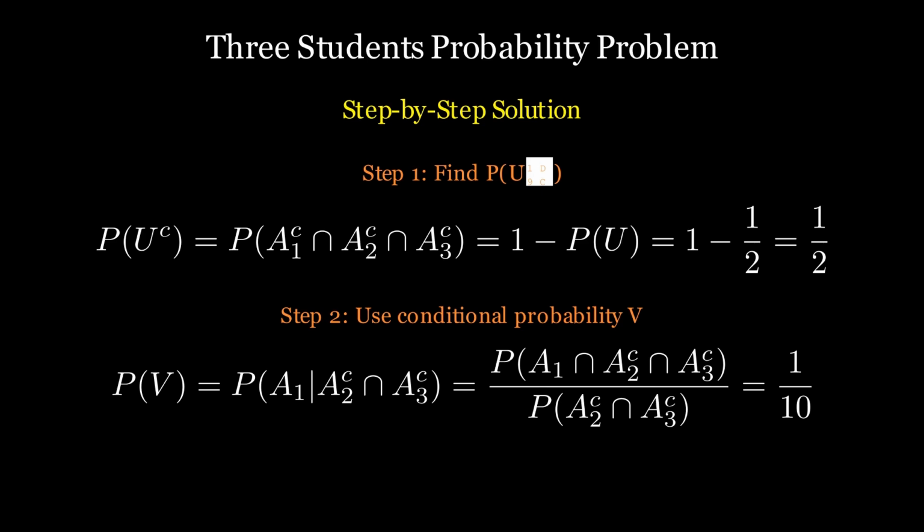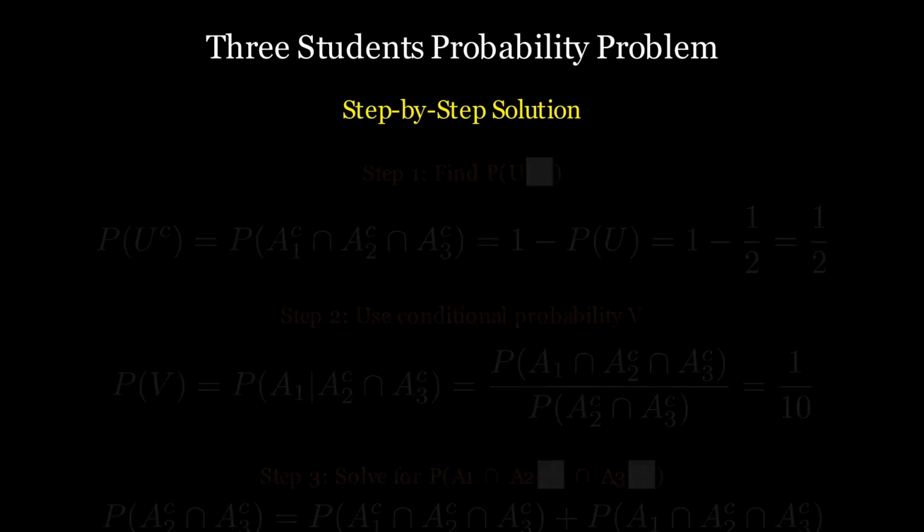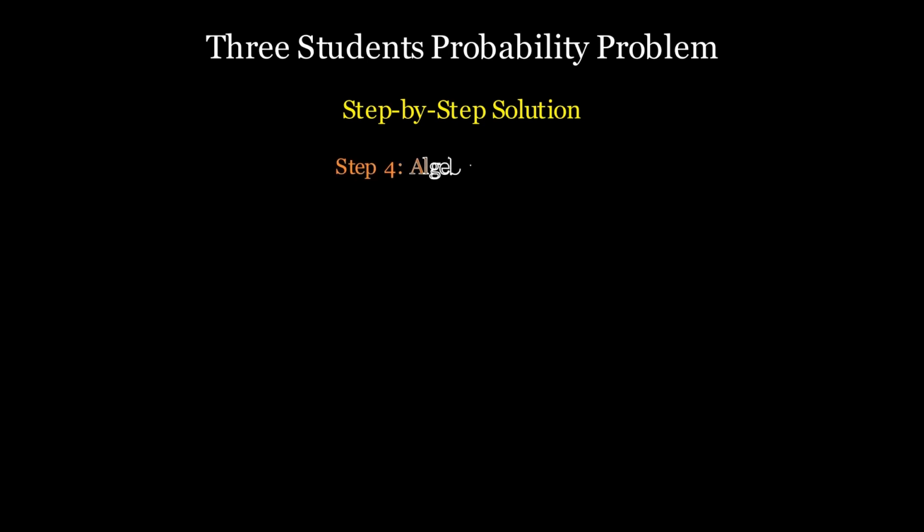Step 3. Solve for the probability of A1 intersect A2 complement intersect A3 complement. The probability of A2 complement intersect A3 complement equals the probability of A1 complement intersect A2 complement intersect A3 complement plus the probability of A1 intersect A2 complement intersect A3 complement.